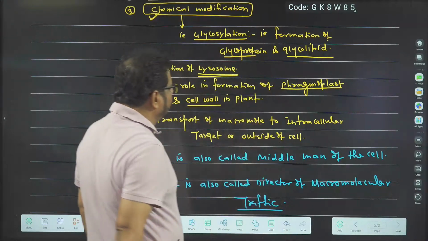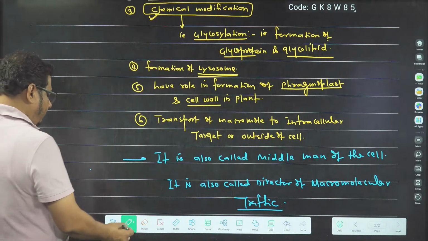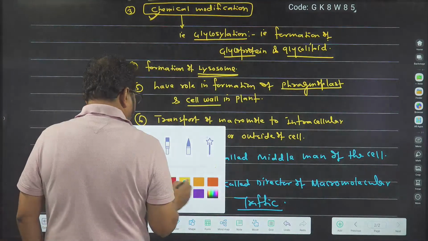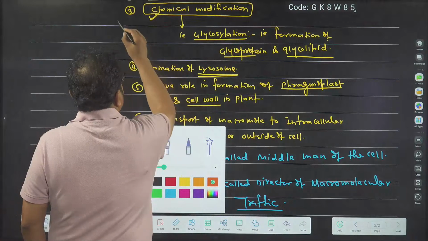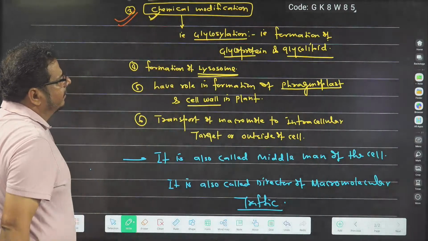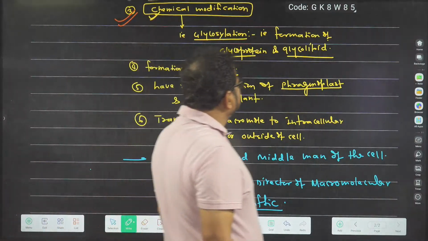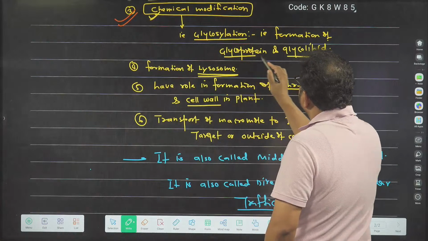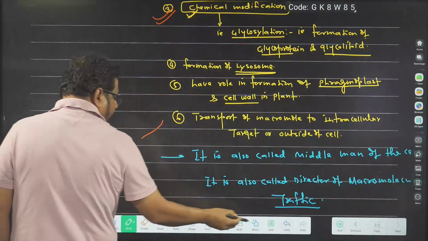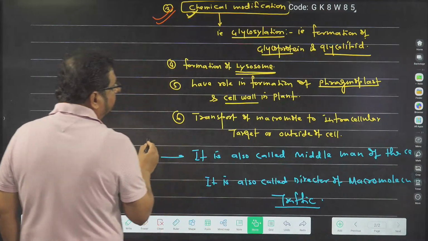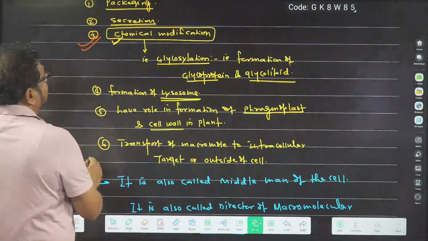Why it is called that, I am going to explain. But before that, I am going to say how it works for chemical modification, glycosylation. Got the idea? That is formation of glycoprotein and glycolipid. So these are the functions, keep them in your mind. Is it clear? Now I am going to explain glycosylation.